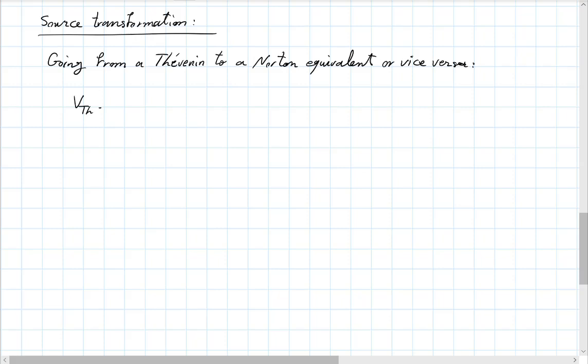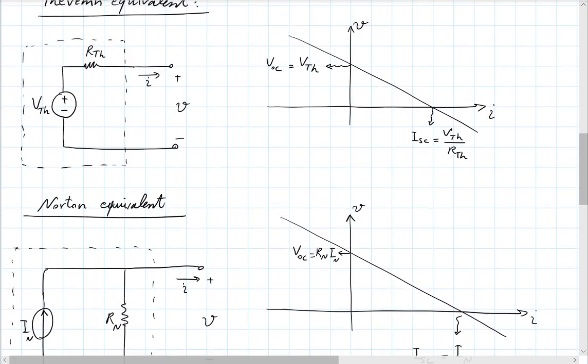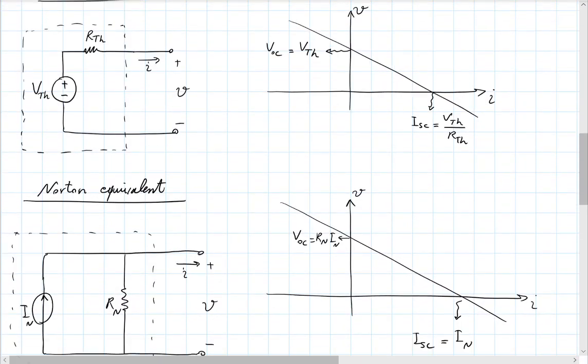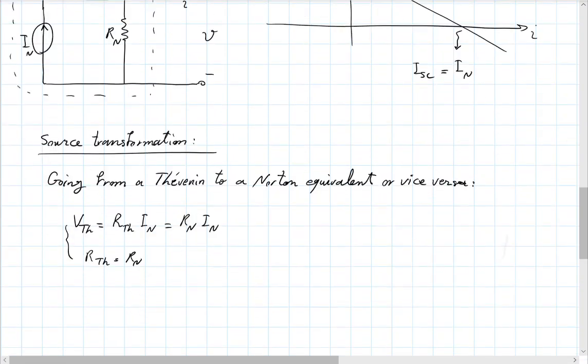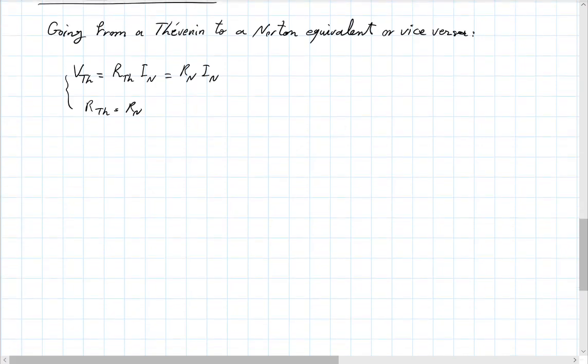And all that required was this. And you can see that directly, that your V Thévenin should be R_N I_N, and the two resistances should be equal. So I want to do a quick example of this. I don't think we did an example of how to apply this, how to use this, and then move on.